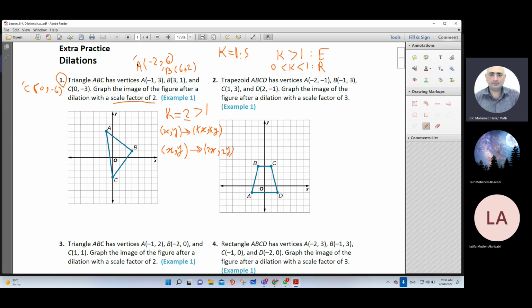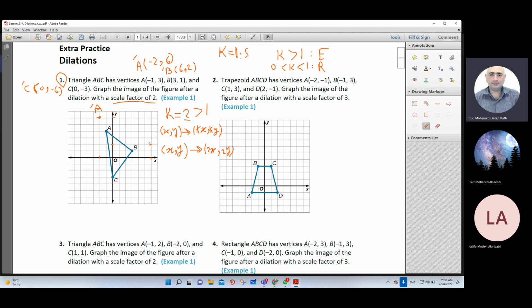Now we can coordinate the vertices here. A prime, negative 2 in the x. This is here negative 1, this is negative 2, and 6 in the y. 1, 2, 3, 4, 5, 6. So this is A prime. Then we have here B prime, (6, 2). 6 in the x, 1, 2, 3, 4, 5, 6, and 2 in the y.